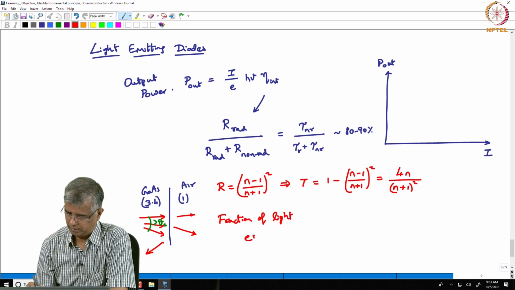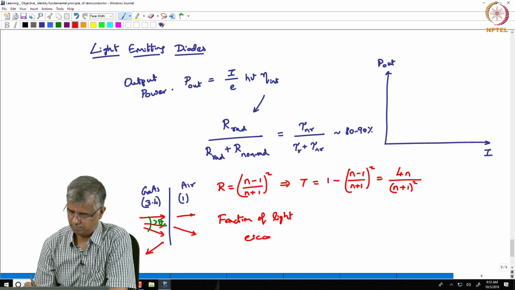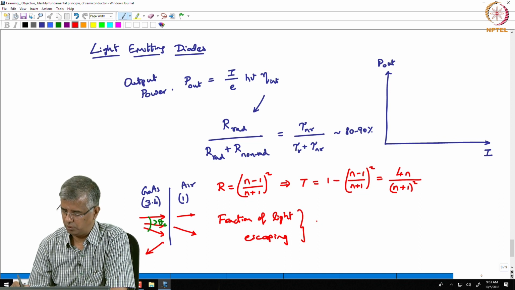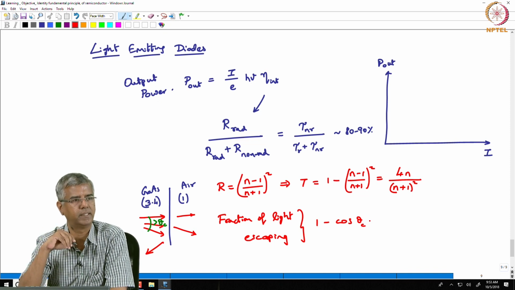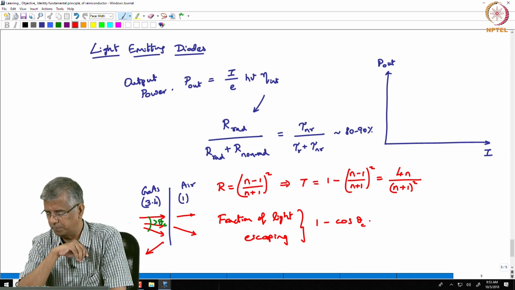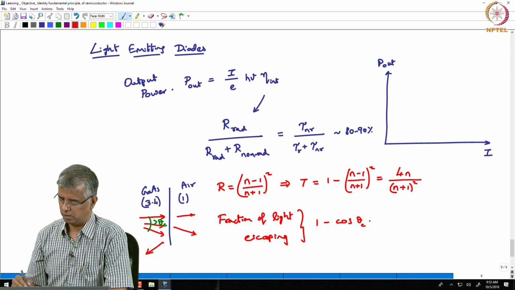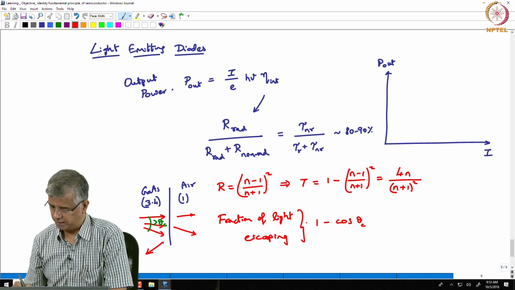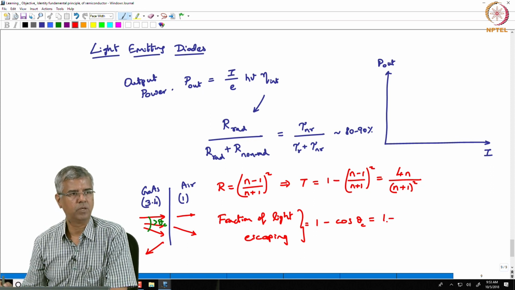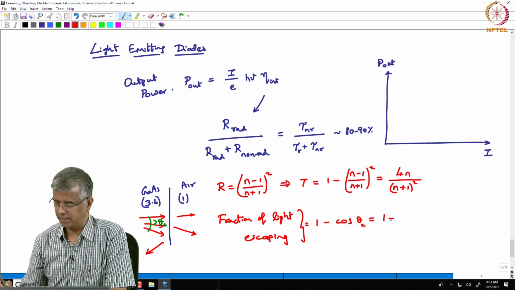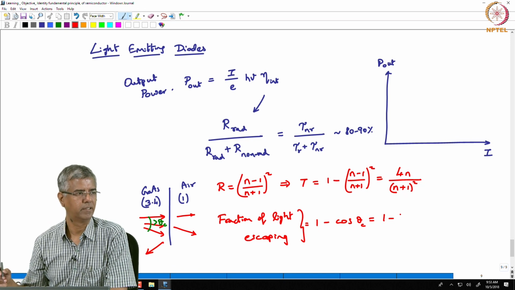Now, the fraction of light escaping would correspond to 1 minus cos theta c. Okay. So that will be the fraction of light that is escaping, and cos theta c can be written as root of 1 minus sin square theta c, and sin theta c is nothing but 1 over n, right.